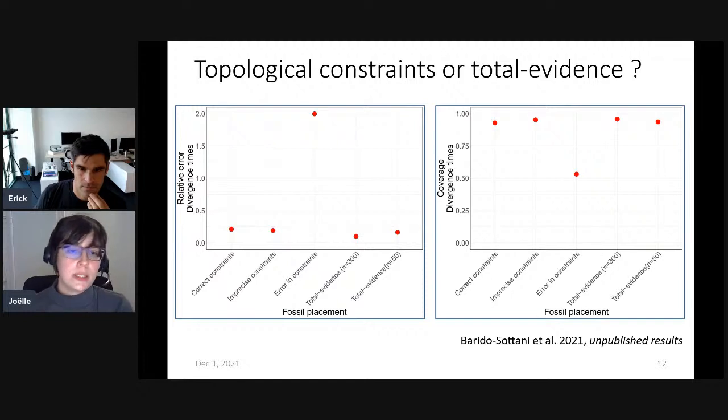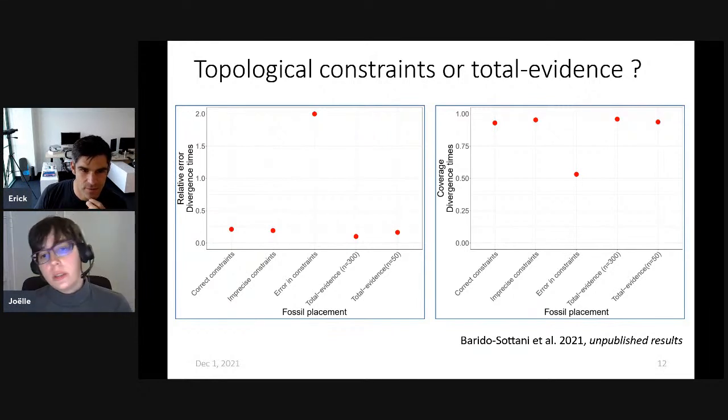Note that we're testing a pretty extreme scenario, I guess, because more often in an empirical situation, I suppose a wrongly assigned fossil would be assigned to a sibling clade, for instance, and not to a clade at the other end of the tree. But still, that confirms that if you have constraints that you're not really sure about, maybe it's better to go with less precise constraints than it is to make a mistake there.